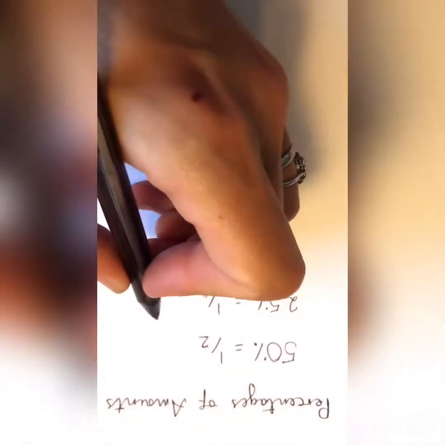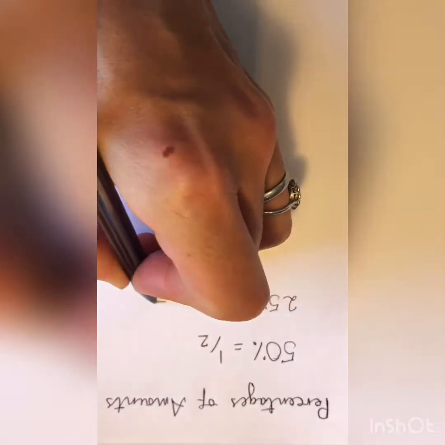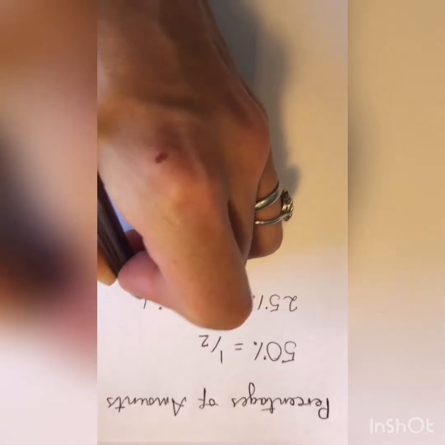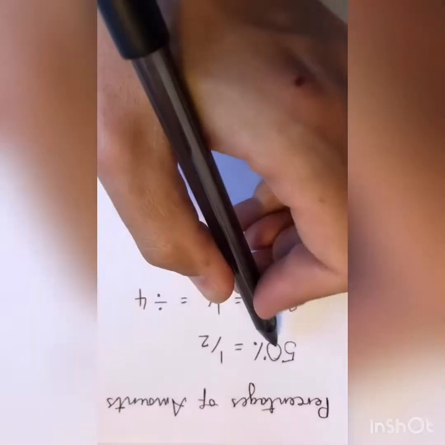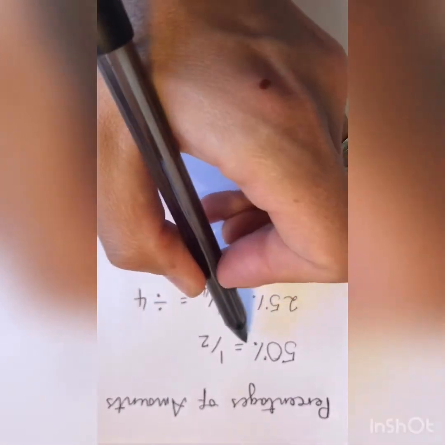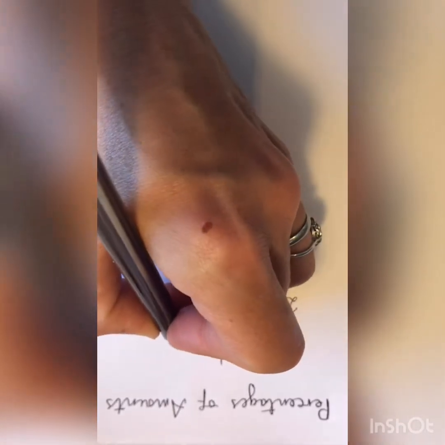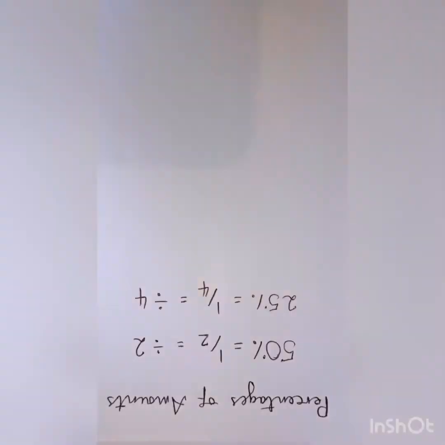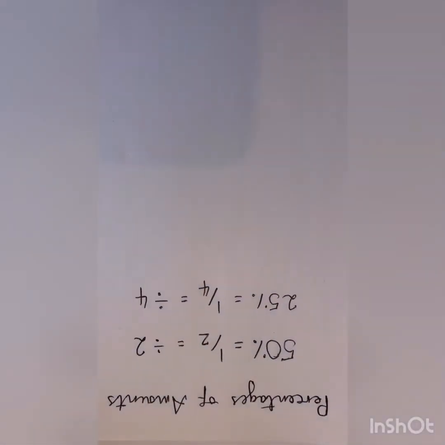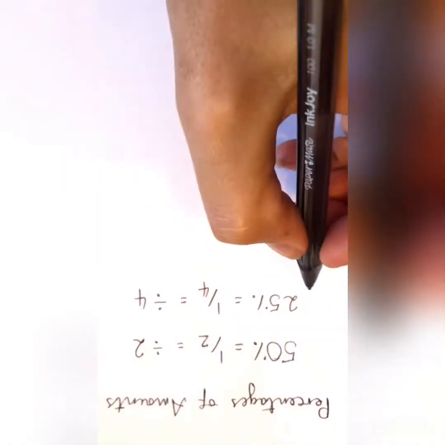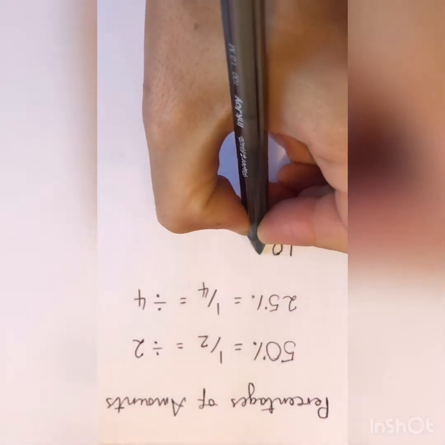Another way of saying that is the operation is divide by 4. The same up here, look, a half is the same as 50%. You just divide whatever the amount is by 2. Okay, so they're 50% and 25%. They're the basic ones.